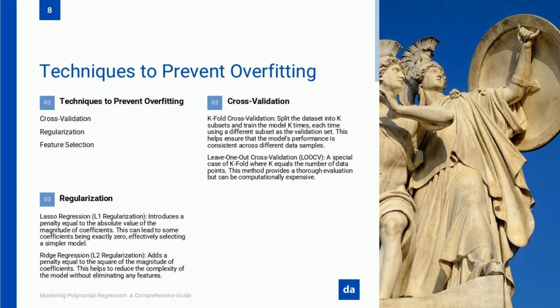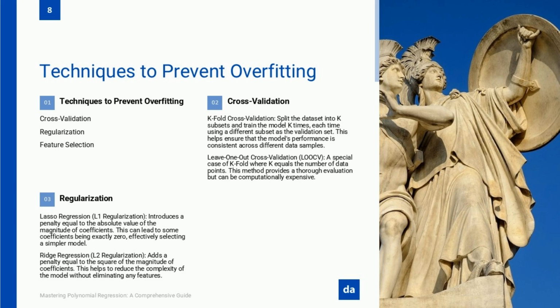Cross-validation ensures that the model is tested on multiple subsets of the data rather than relying on a single training and testing split. A commonly used approach is k-fold cross-validation, where the dataset is divided into k subsets. The model is then trained k times, each time using a different subset as the validation set, while the rest of the data is used for training.